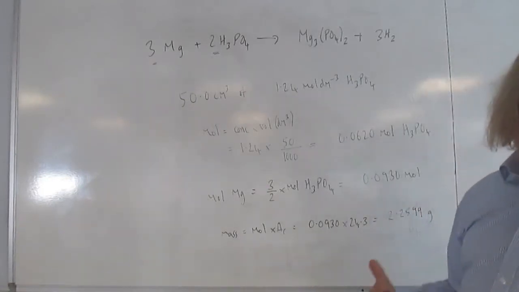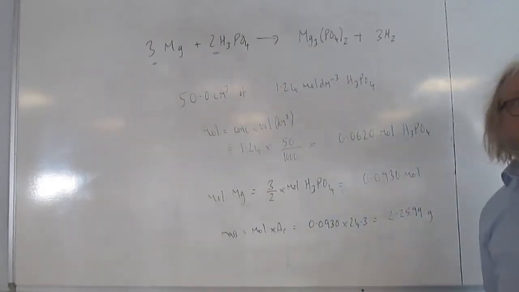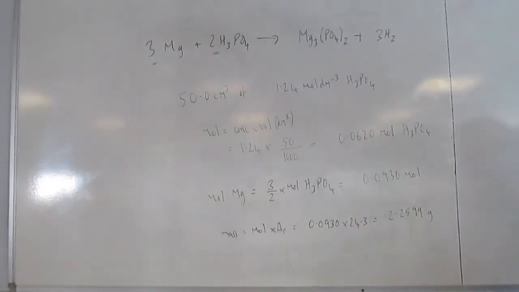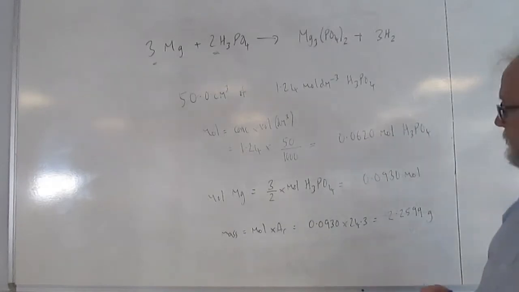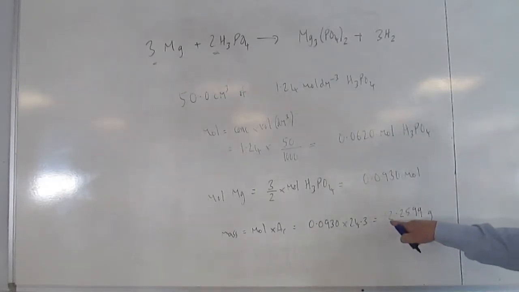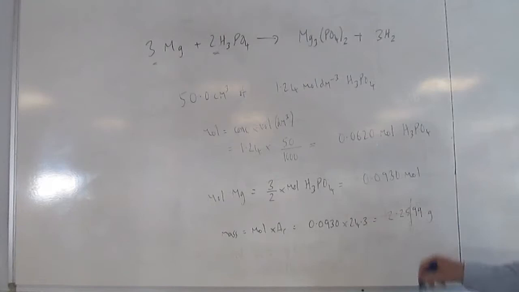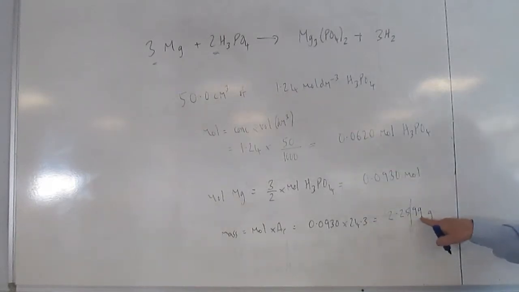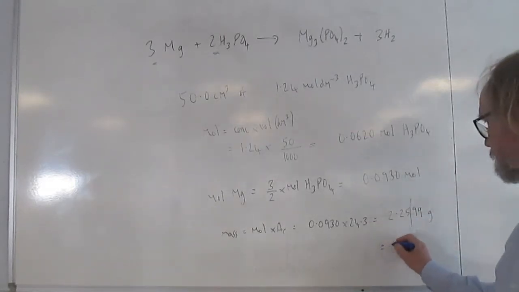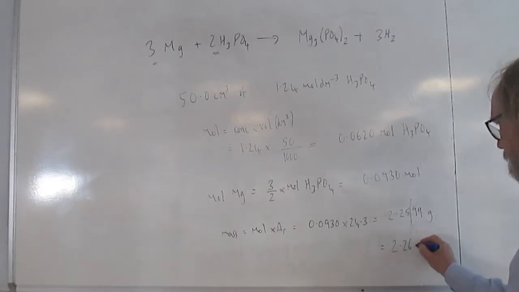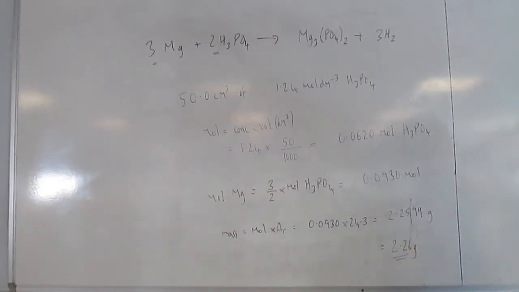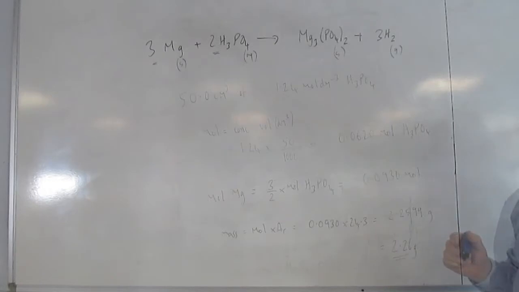And as always, you look to see about rounding. Does it ask for a specific level of rounding? And it does. It asks for it to 3 significant figures. So 1, 2, 3 means it's cut off there, and clearly that's going to round up to 2.26 grams to 3 significant figures. Okay, and that's that bit.